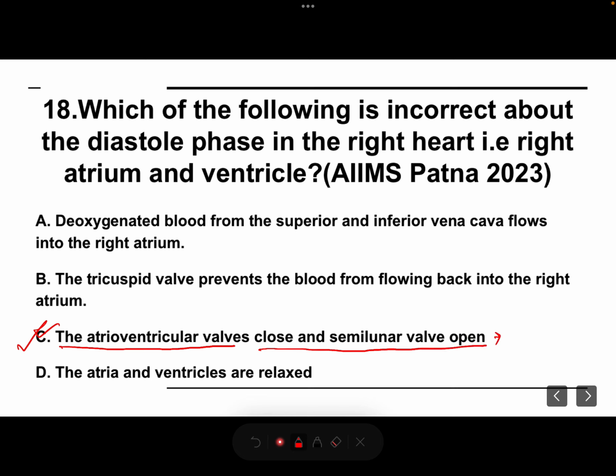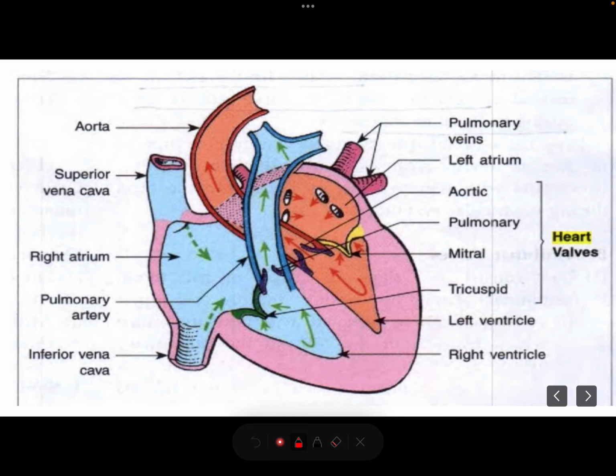This occurs in systole. Actually, this is right atrium, this is right ventricle. Systole is a contraction phase, and diastole is a relaxation phase.